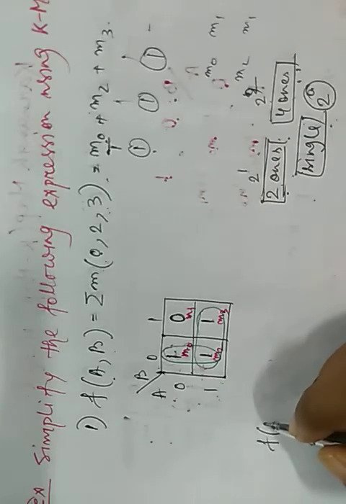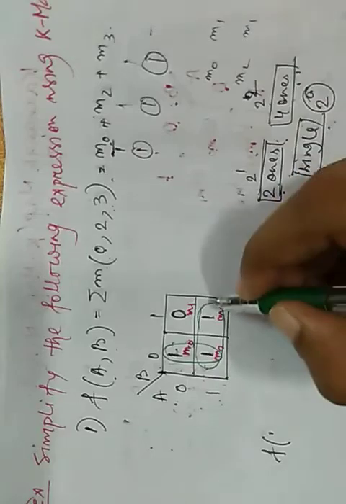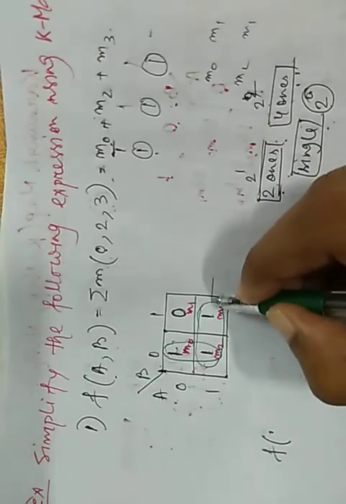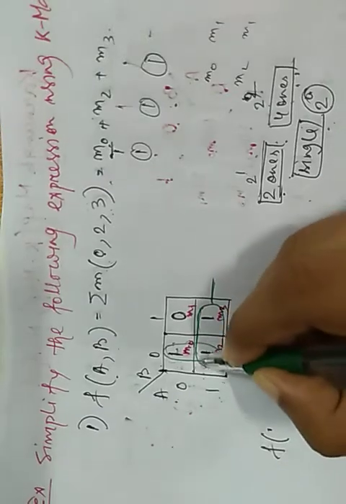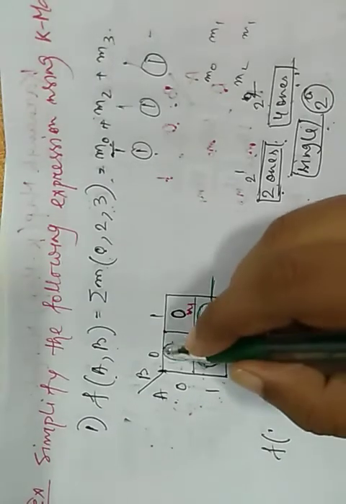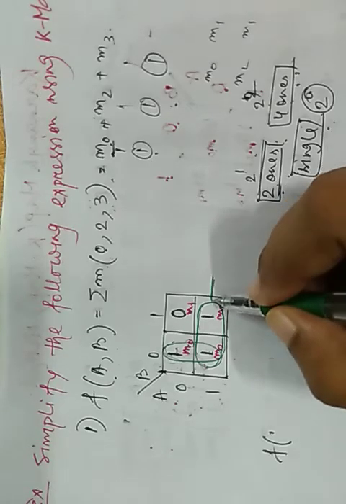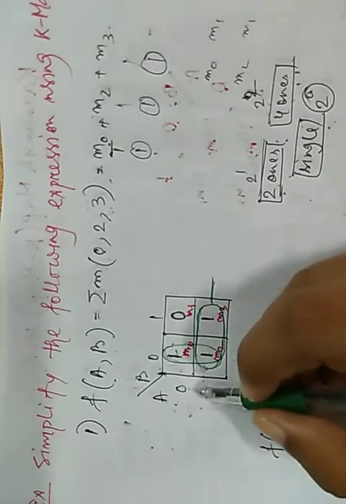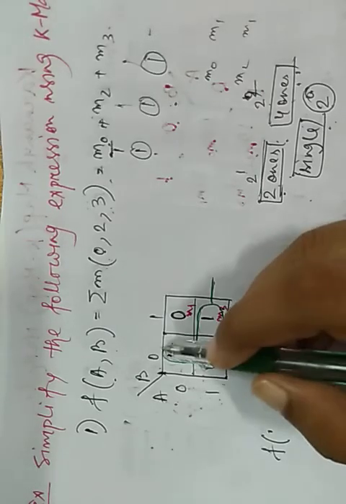At first, I am telling you about these combinations. There are 2 combinations, one horizontal and one vertical, so 2 pairs. For the first pair we have to consider the term value.